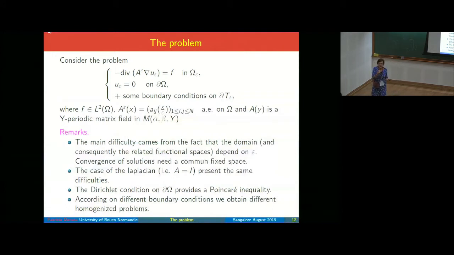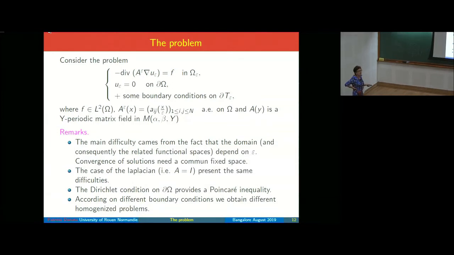But here, even if you take A_epsilon equal to the identity, you have all the same difficulties. We put the Dirichlet condition on the exterior boundary in order to have a Poincare inequality, which is always useful. And the boundary condition takes an essential role. Hence, different boundary conditions give rise to a different homogenized problem, a different situation.